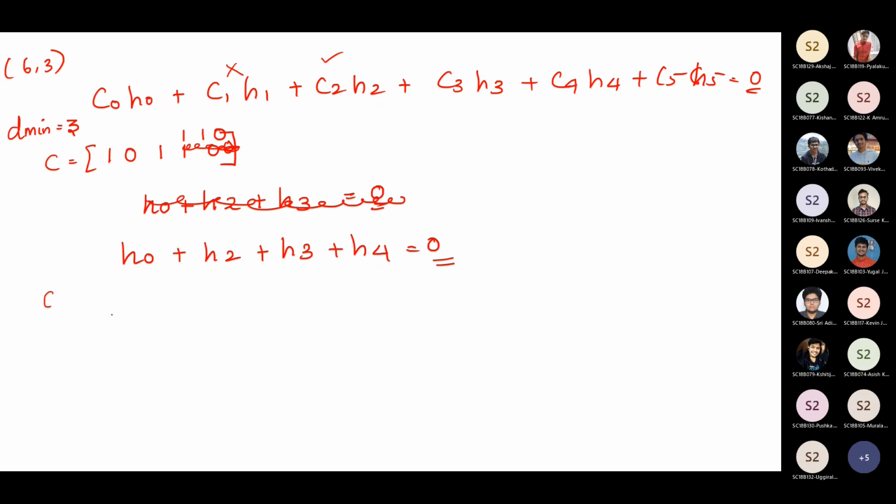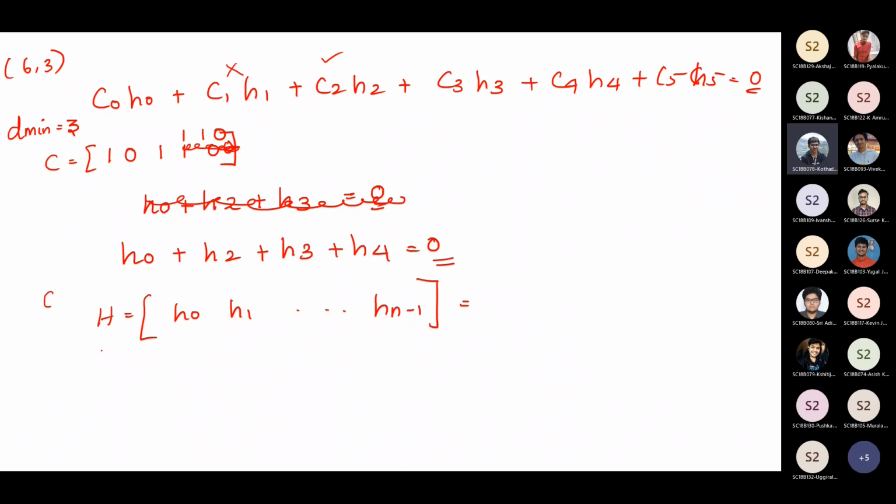Right? So from the H matrix, can I tell that if I add a minimum of any 3 H columns, the resultant will be 0? From this, can I find the d minimum value from the H matrix? Yes, ma'am.